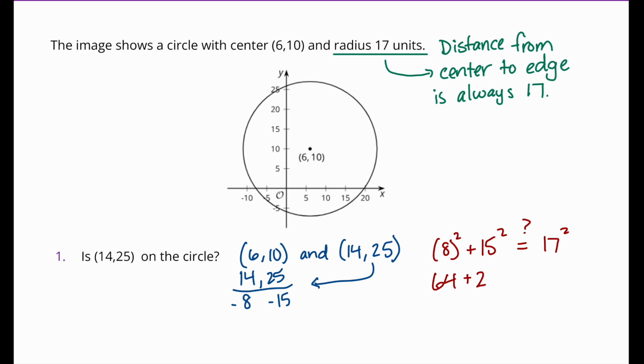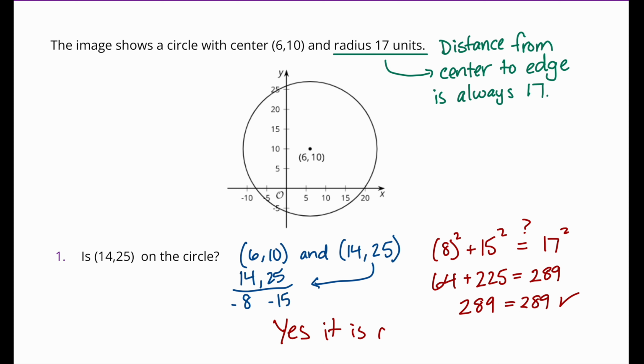Yep, it's 225. And 17 squared I don't have memorized, so I'll multiply that on my calculator as well, and that gives us 289. Last test: does 225 plus 64 make 289? It absolutely does.